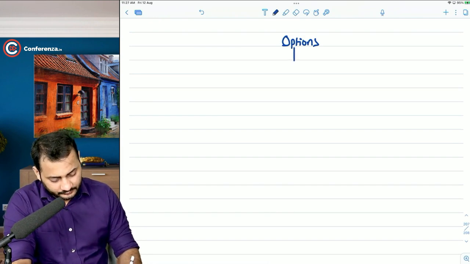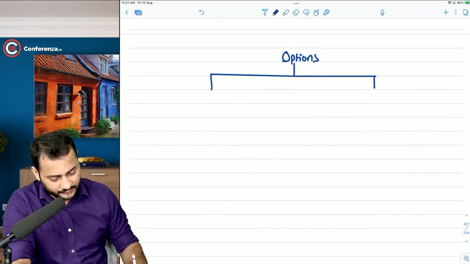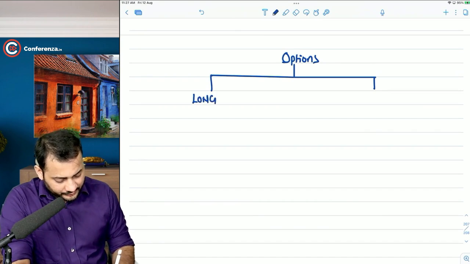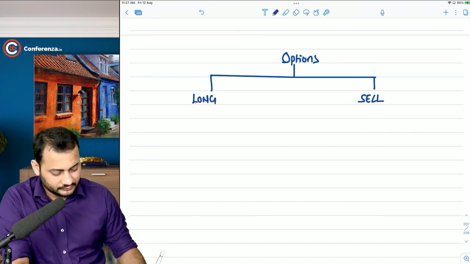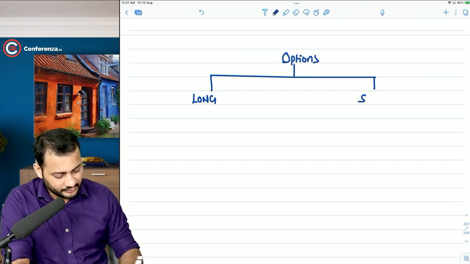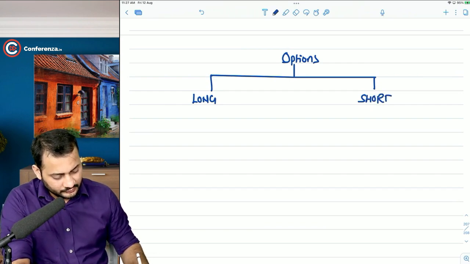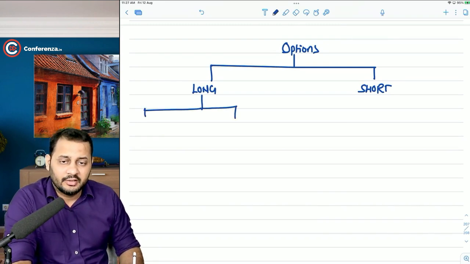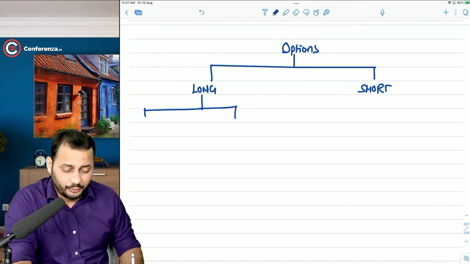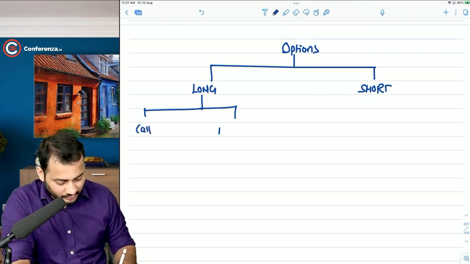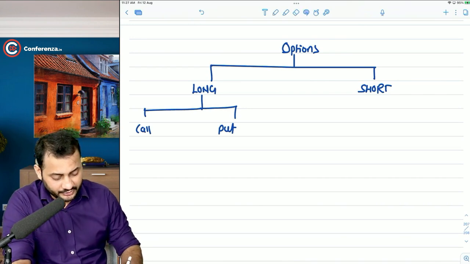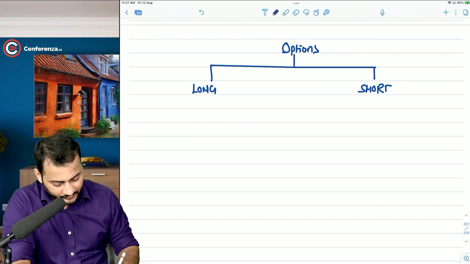Either you are going to decide to buy the option or sell the option. You can sell the option as well. Mostly you will be buying the option in our syllabus. And when you decide to buy the option, there are two types of options, call and put. You will have to decide which type of option you want to buy.